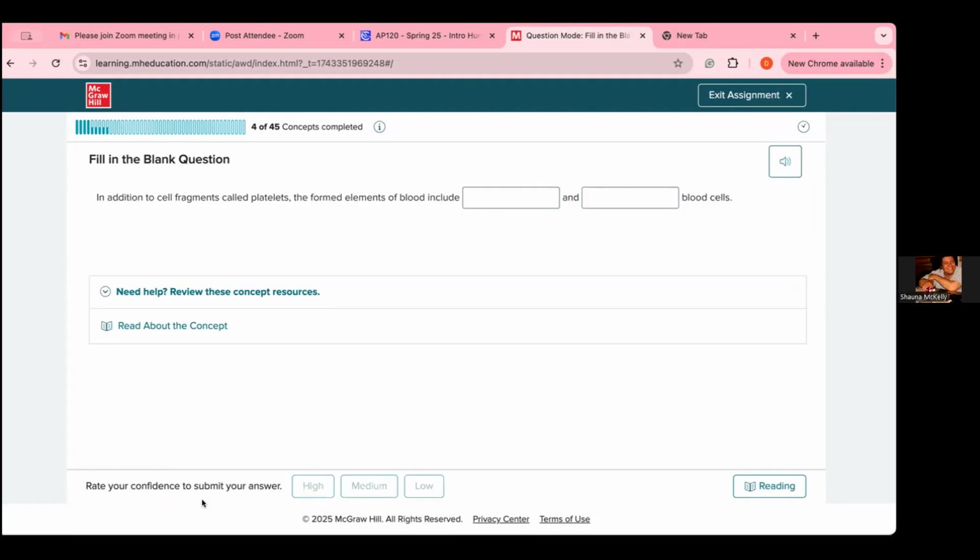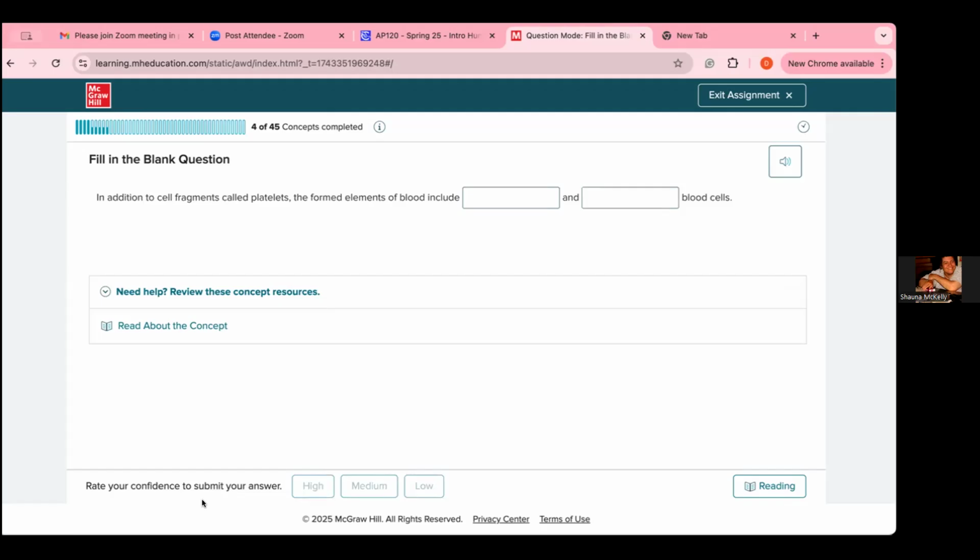Okay. In addition to cell fragments called platelets, the formed elements of blood include, okay, so those are red and white blood cells.